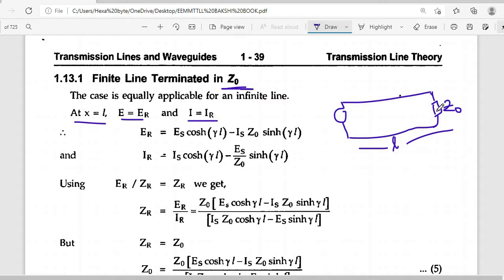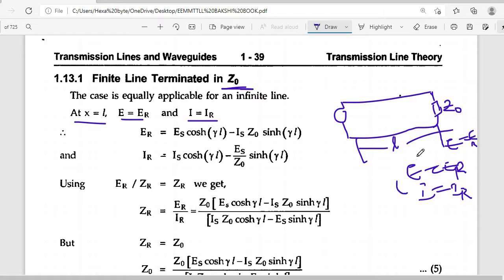See, this is the L. At this particular L point, E is equal to receiving potential ER, I is equal to IR.